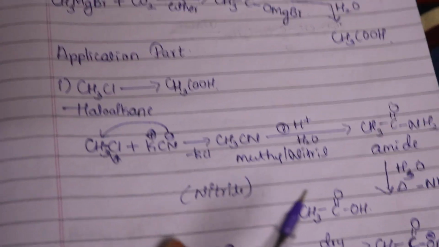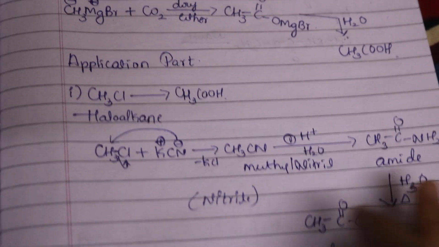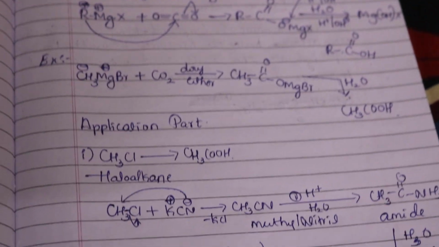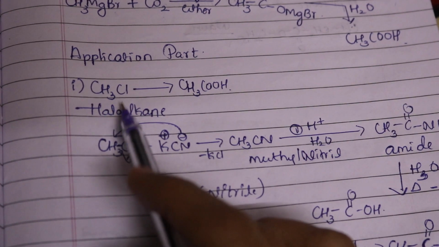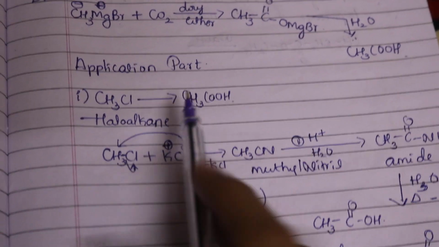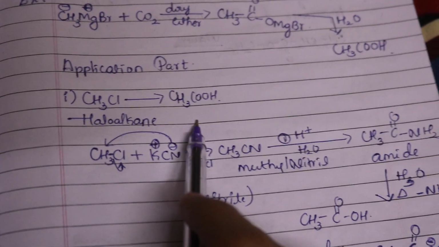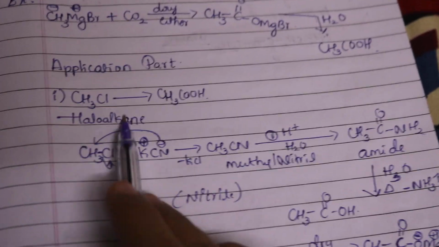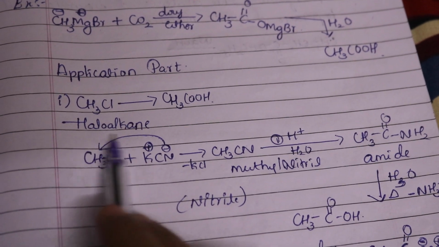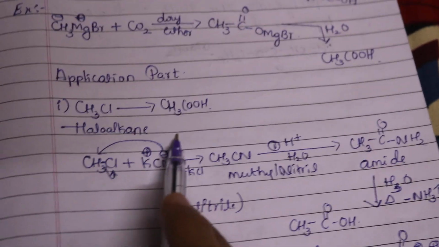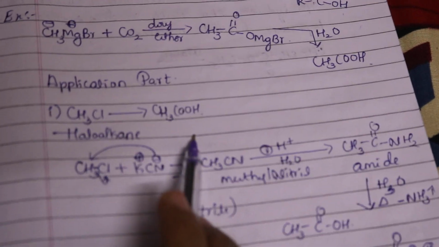Next we will discuss the application part. What are the applications involved in the carboxylic acid from the Grignard reagent? We know CH3Cl is a haloalkane, and it can be converted to CH3COOH, but here I will show the mechanism involved, where the haloalkane can be converted to the carboxylic acid.